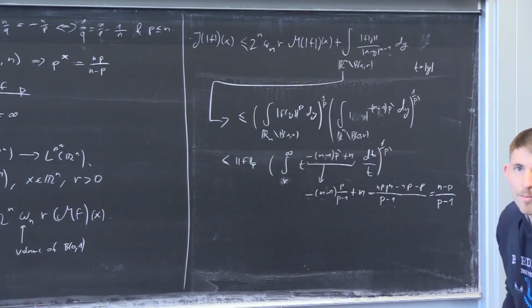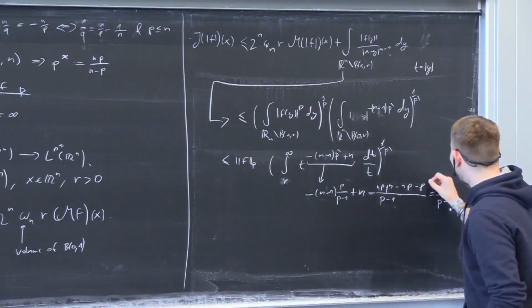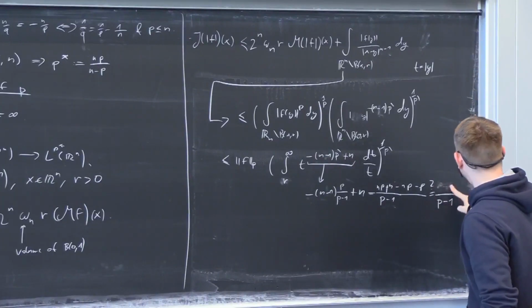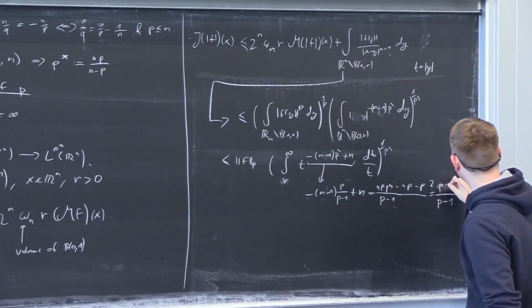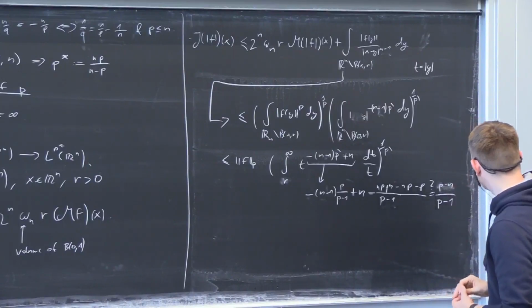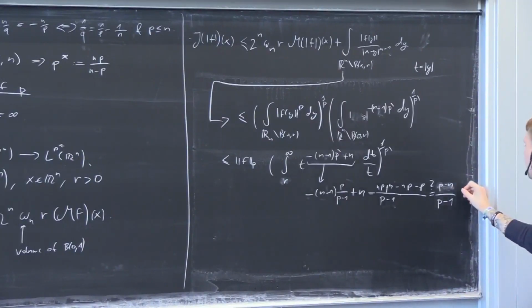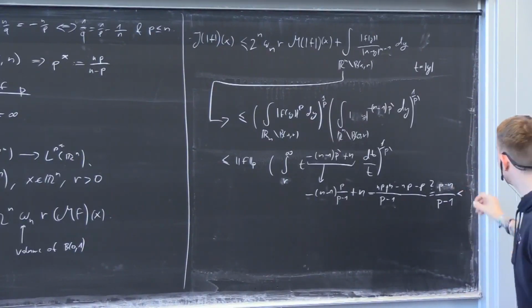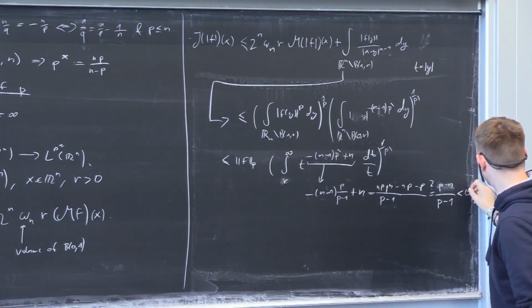Okay, the sign should be the other way around. Exercise for you, p minus n. And then you really get that this is strictly negative.